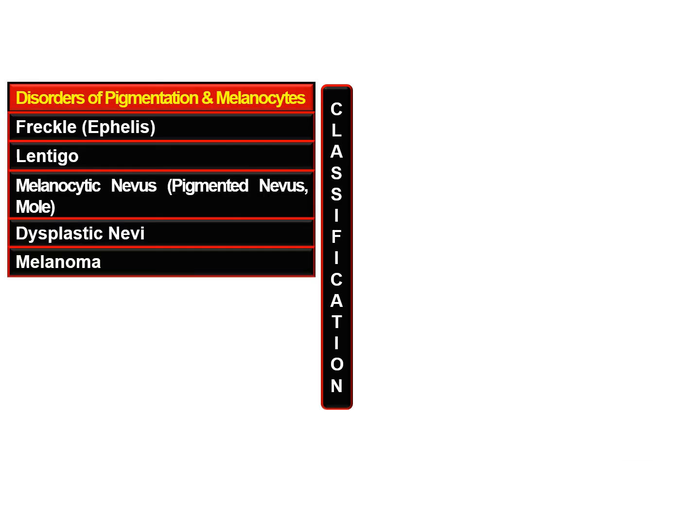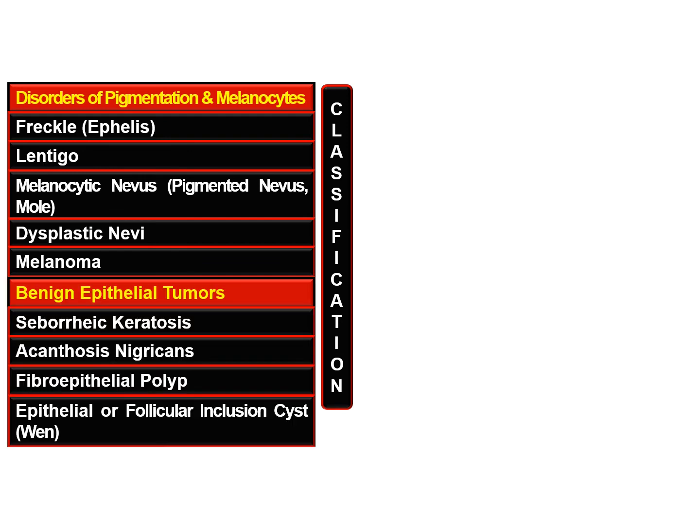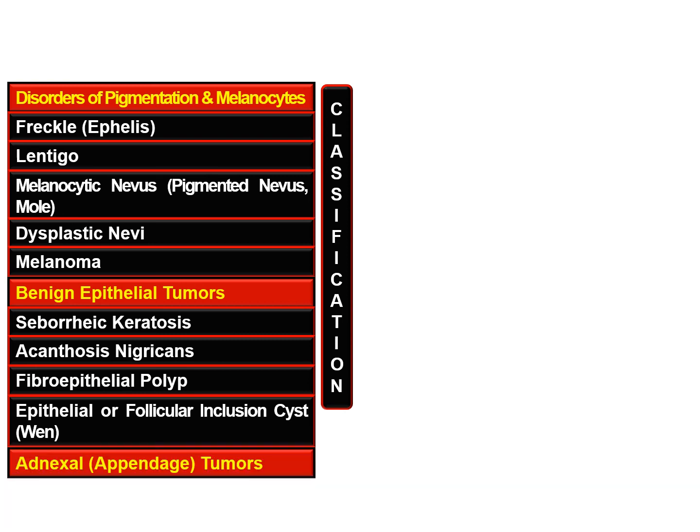The disorders of pigmentation and melanocytes include freckle, that is also termed ephelis, lentigo, melanocytic nevus, pigmented nevus, dysplastic nevi, or melanoma. The benign epithelial tumors include seborrheic keratosis, acanthosis nigricans, fibroepithelial polyp, and epithelial or follicular inclusion cyst.